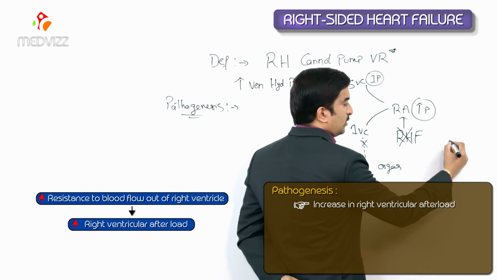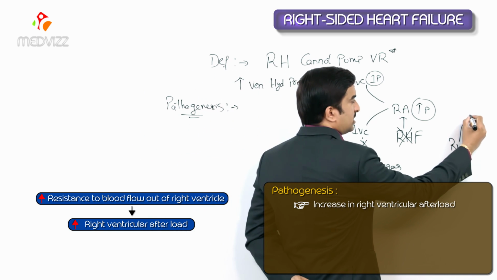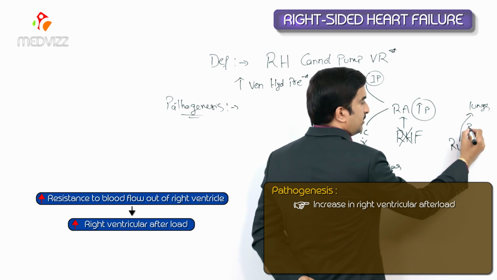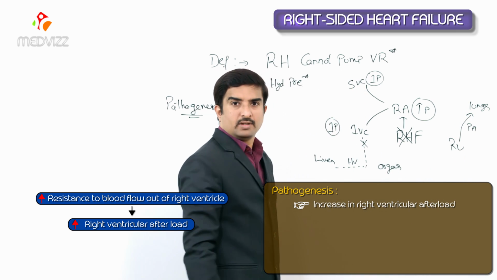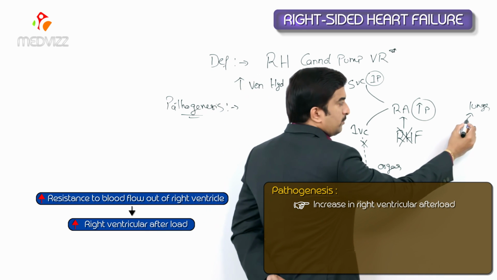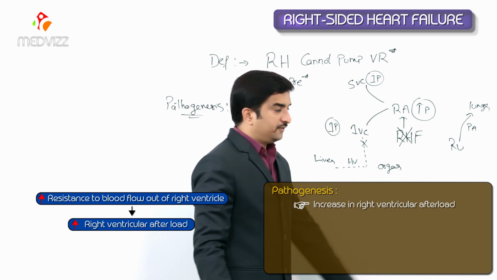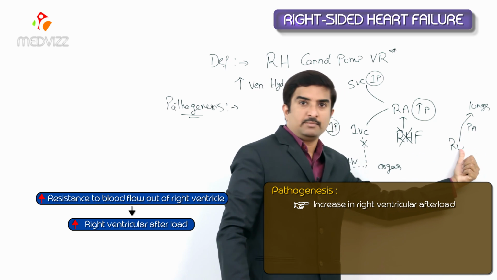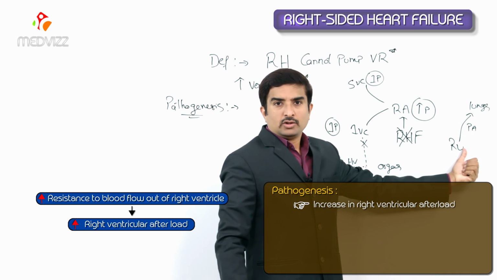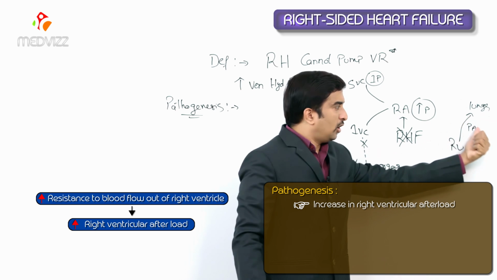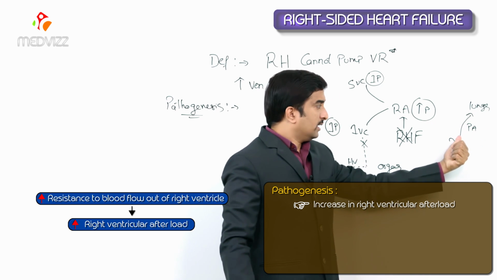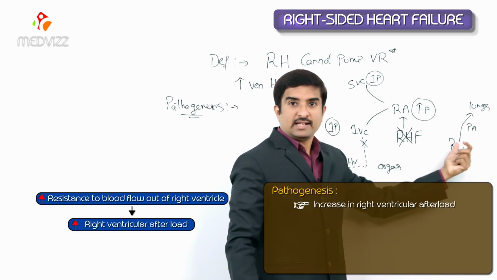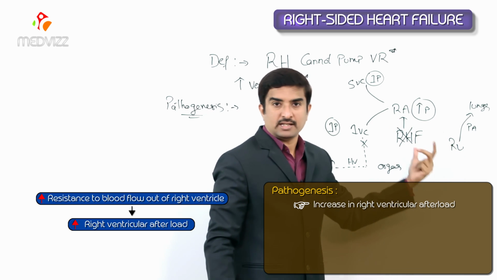We know that the right ventricle pumps its blood into the lungs by means of the pulmonary artery, right? If there is any problem in the pulmonary artery, if there is accumulation of blood in the pulmonary artery, if there is an embolism in the pulmonary artery, whatever may be the reason, or if there is a pathology in the lungs where the pulmonary artery cannot drain its blood into the lungs, we can say that there is a resistance.